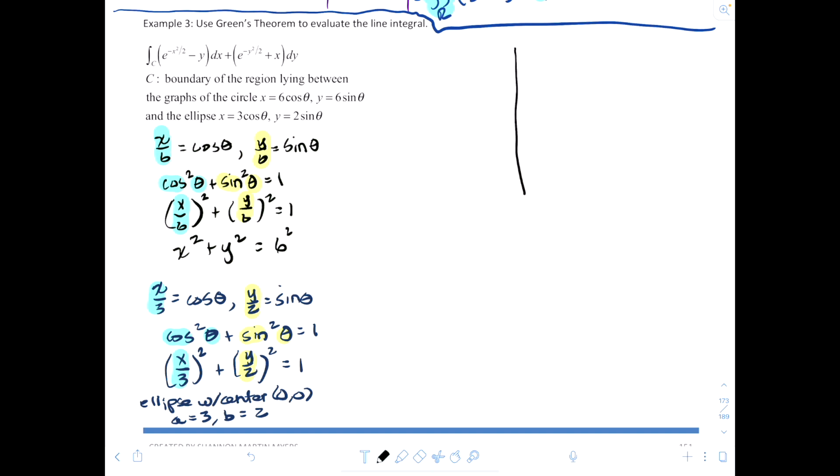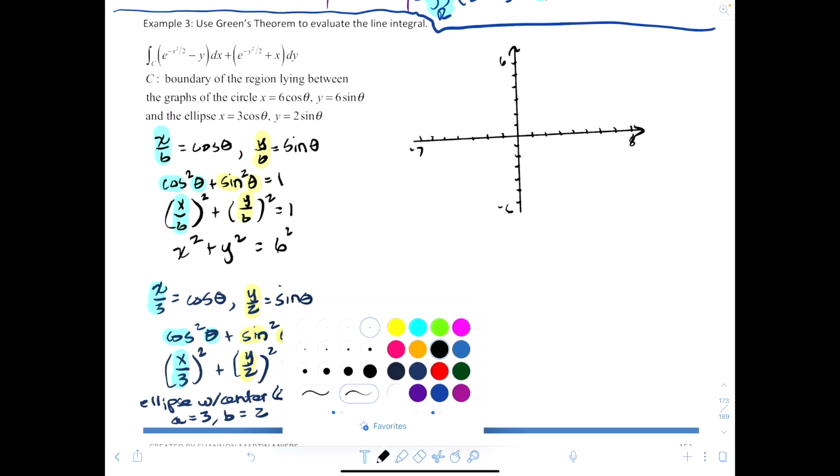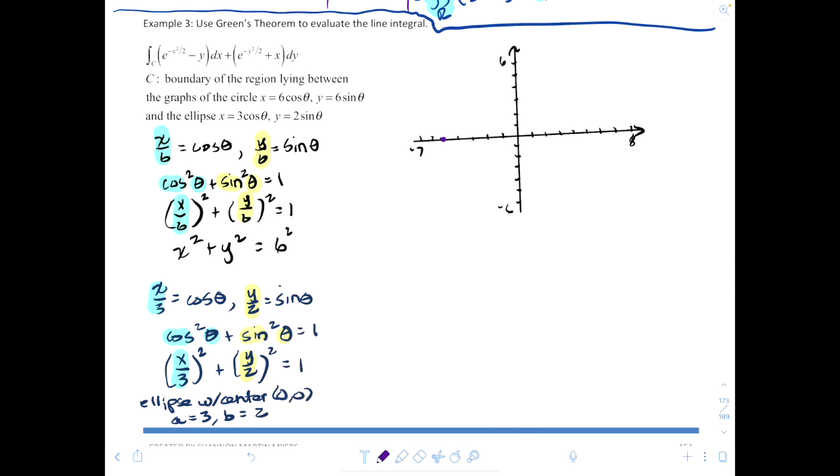So basically, okay, so our circle would be, let's figure out our orientation.